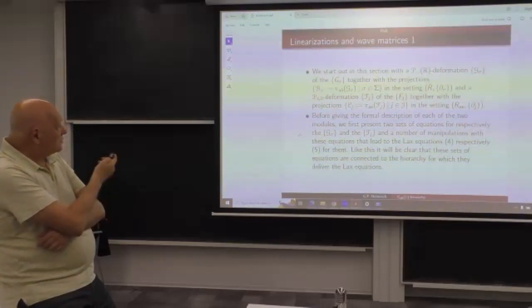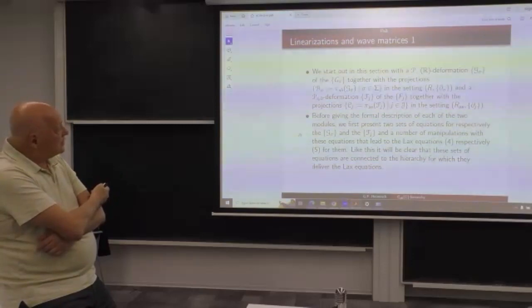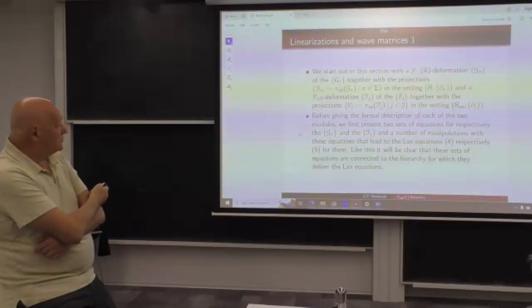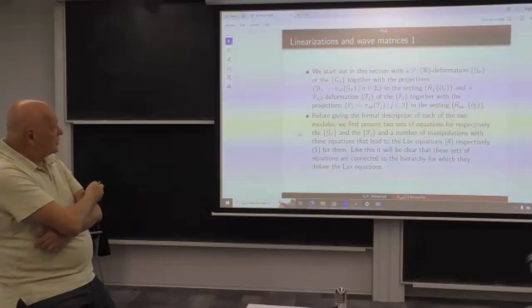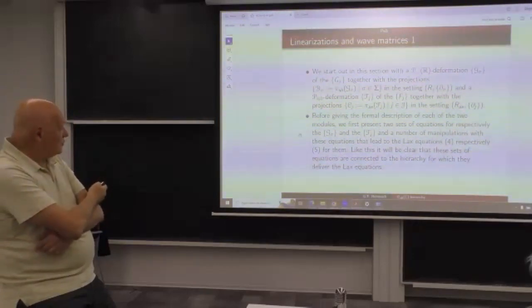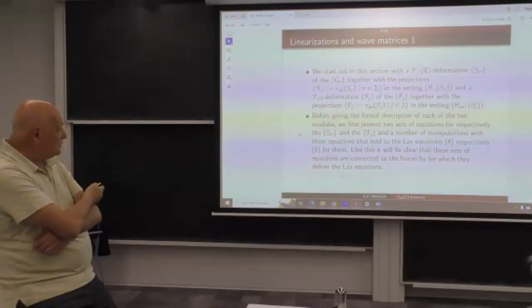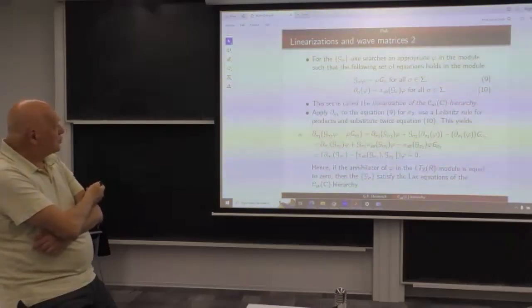So I start with the deformation of both the G sigma and of the F j. Now I will first show the equations you have to satisfy, and then later I give the formula.